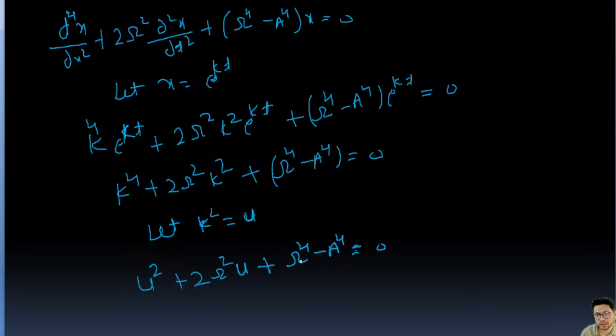This is in the form of a quadratic equation, so we can solve it using the quadratic formula. u equals minus b plus minus root b square minus 4ac upon 2a. That is the formula for solving a quadratic equation.